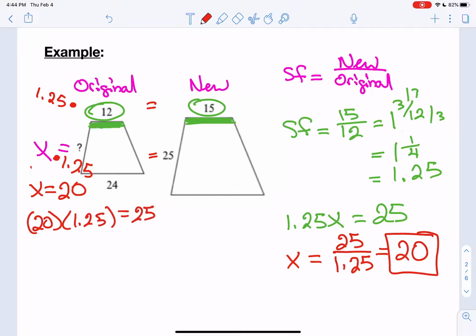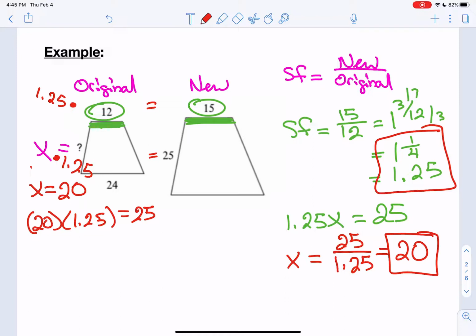And yes, it is. And then is 12 times 1.25 equal to 15? Yeah, it works for both. So 1.25 is the scale factor, or 1 1/4, and the length of x is 20. All right, so that's how you find the missing length when you just use scale factor.